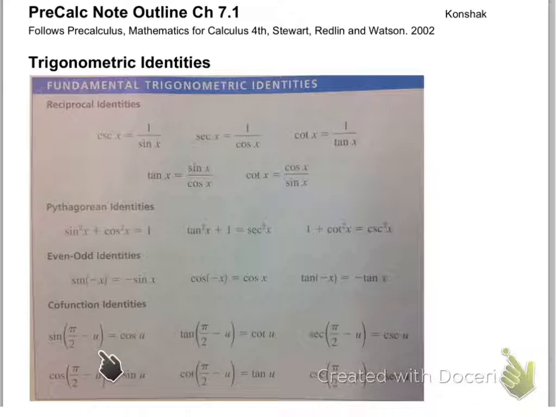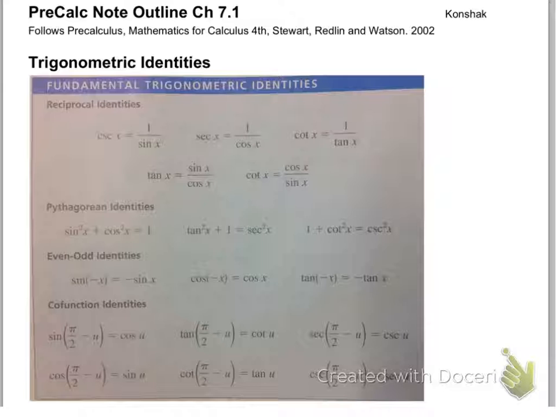Okay, we'll change this to 90 degrees to make it a little easier to understand. If u is 60 degrees, then 90 minus 60 is 30. That's sine of 30, and it's the same thing as cosine of 60. We just showed that is true. But it doesn't have to be for the nice angles that we know.